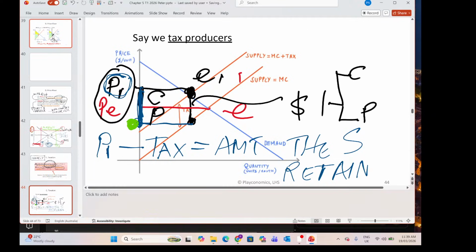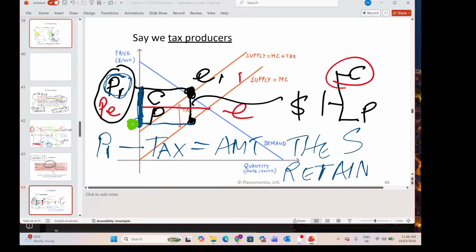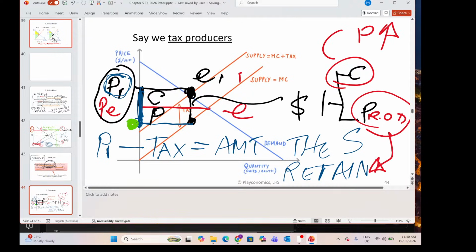So if we think about who is happy and who is unhappy as a result of this imposition of the tax, well, I know two groups of people that are unhappy: the consumer, because that consumer is paying a higher price, and the producer, because they are retaining less. So both parties are losing here, and we might ask, who's winning here?